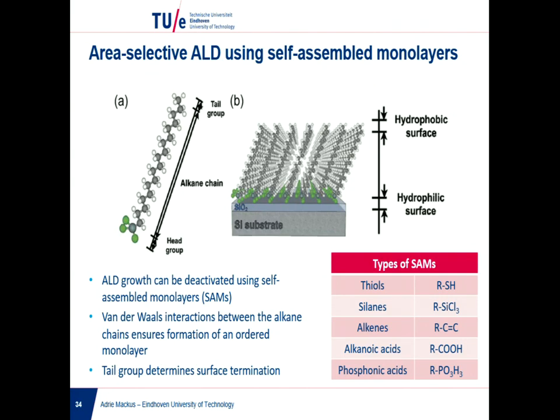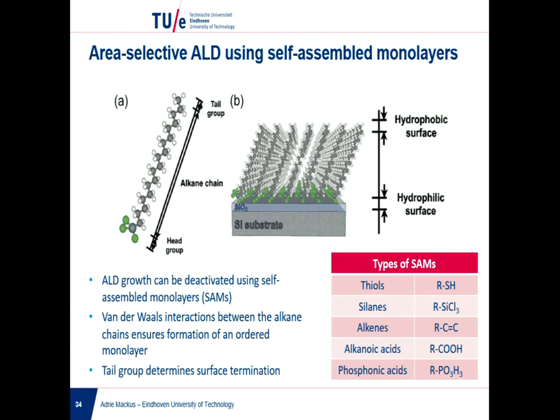Here you can see some different head groups, which basically determine on which material these molecules adsorb. Then the important thing is that you have this long alkane chain, and the van der Waals interaction between these chains makes sure you have a very ordered monolayer. That's very important for making the process selective.